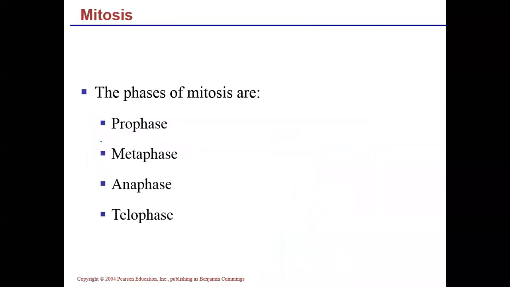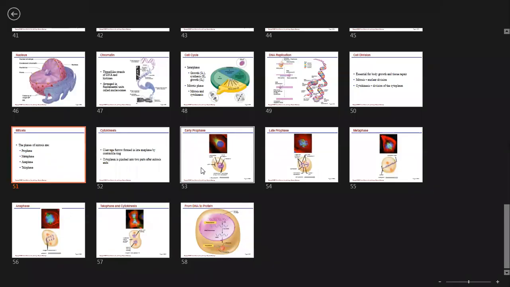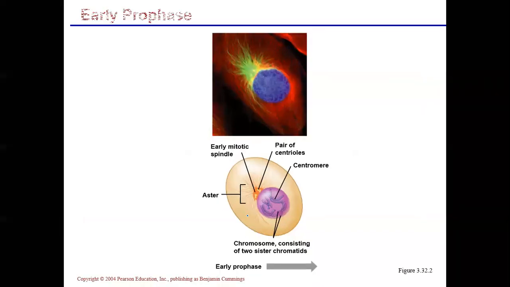So what is happening during prophase? I'm going to go over the steps now. During prophase, this is early prophase. The pair of centrioles, remember the centrioles play a role in cell division and make microtubules. So you could see this mitotic spindle, these microtubules, start forming and going in opposite directions.